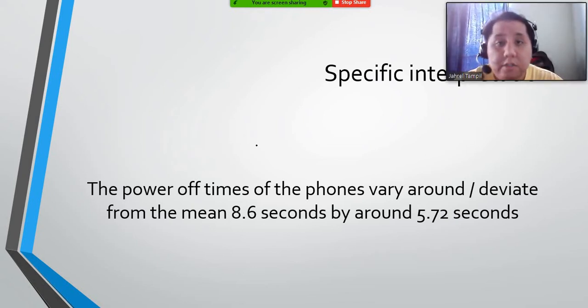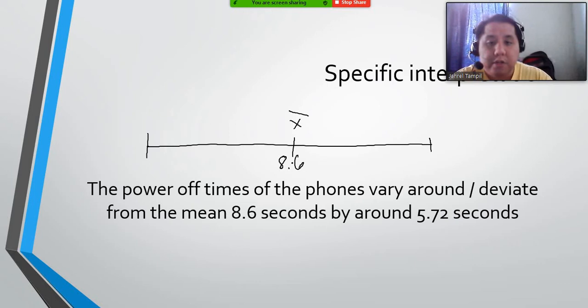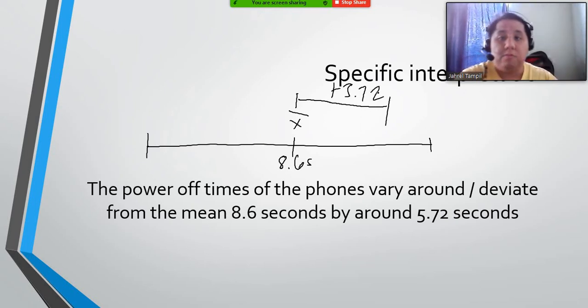To further illustrate what this interpretation means, let's have a number line. Let's say that our mean is here at 8.6 seconds. Using the standard deviation, the next value to the right of 8.6 seconds is 8.6 plus 5.72, and that is around 14.32 seconds.